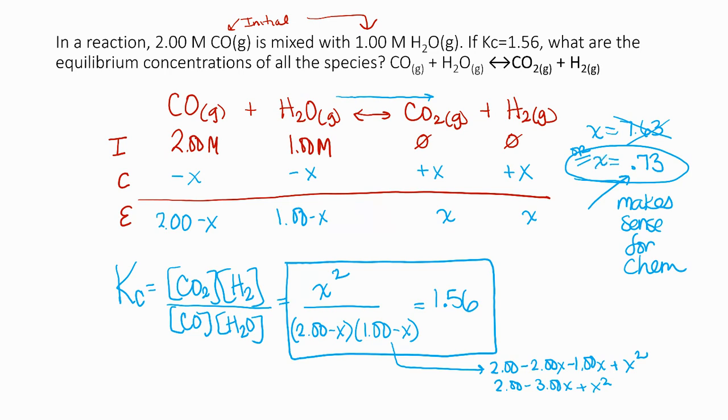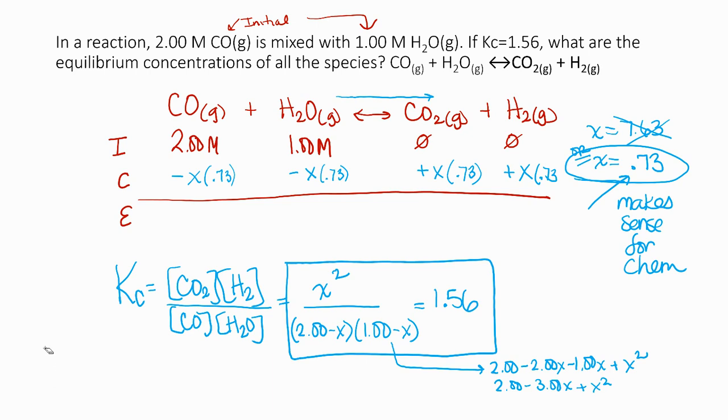And now I can plug in, right? If that's my x, I'm going to subtract 0.73, 0.73. Here, this is plus 0.73, 0.73. So when I do that, I can see that we end up knowing all of our equilibrium amounts.